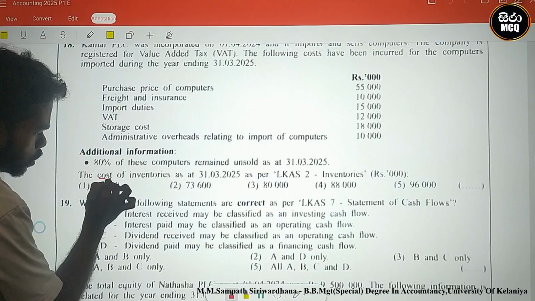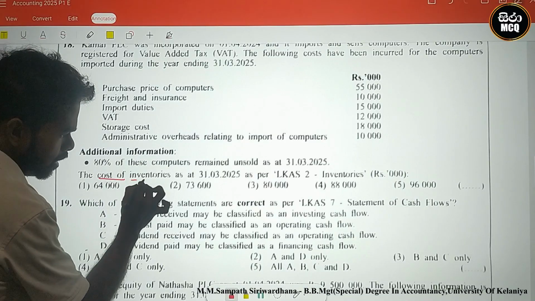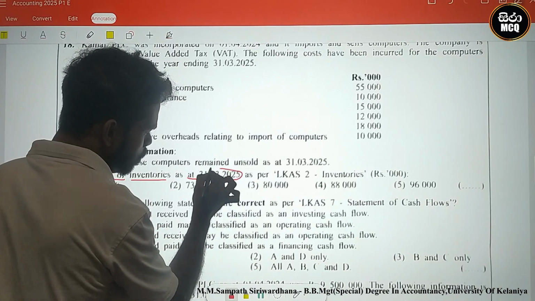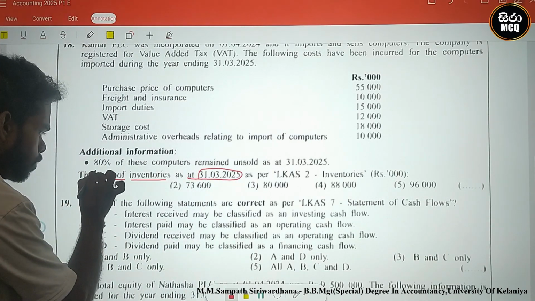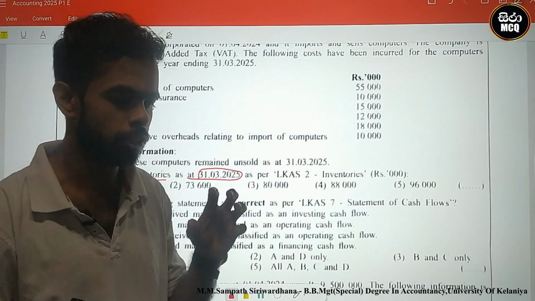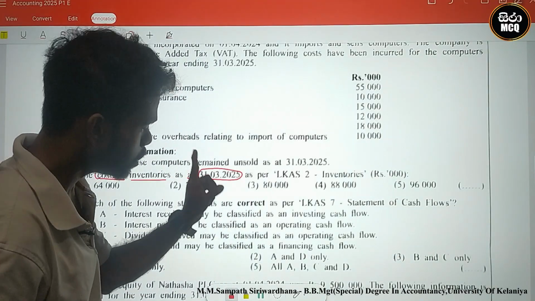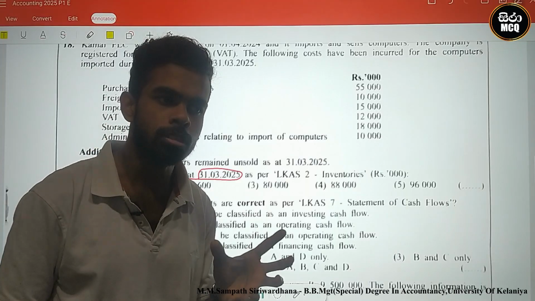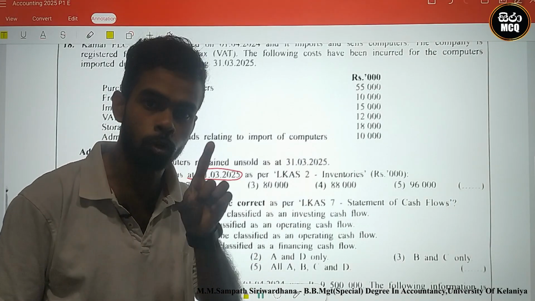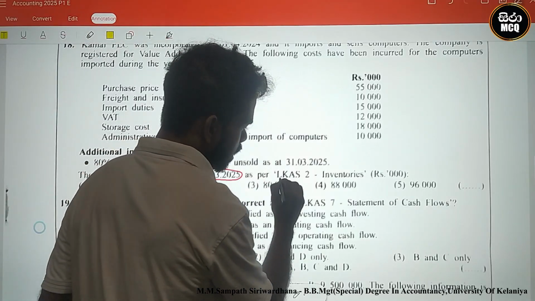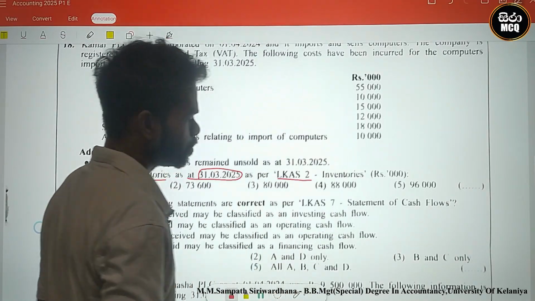The cost of inventory as at 31st March 2025. They request the cost of inventory as at 31st March 2025. Closing inventory or opening inventory? Closing inventory. This is the closing date as per LKAS 2 Inventories.